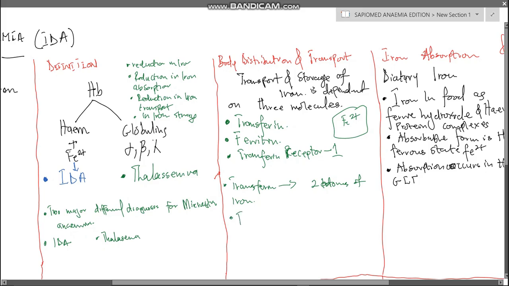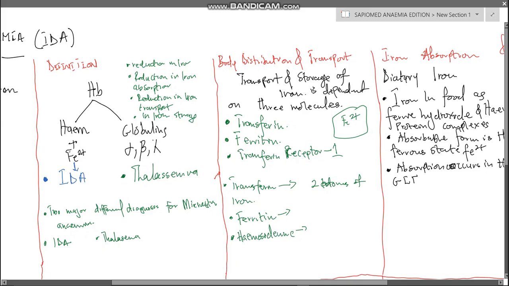Now let's go to ferritin. So ferritin is actually the stored form of iron. Basically, we have two main stored forms of iron. We have ferritin, then we have hemosiderin. And the difference between the two is their solubility in water.